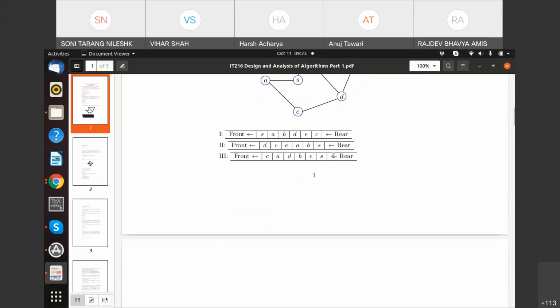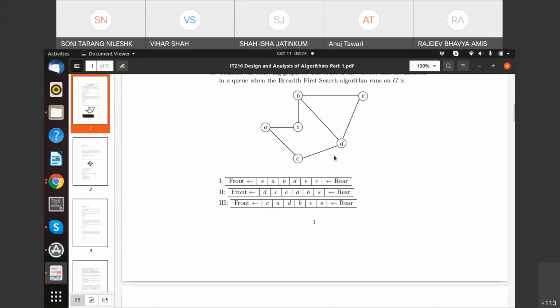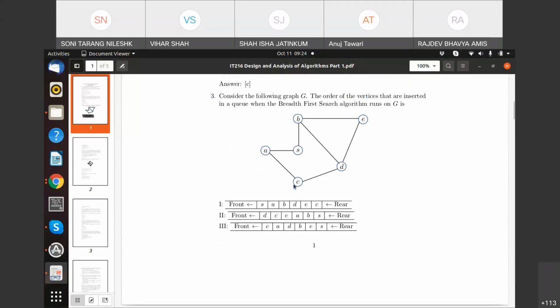Sir, here in the queue, we take D, then its two children C and E, then the child of C, then the child of E are written in the queue. No, so the issue is that B is also a neighbor of D. Okay. Yes.